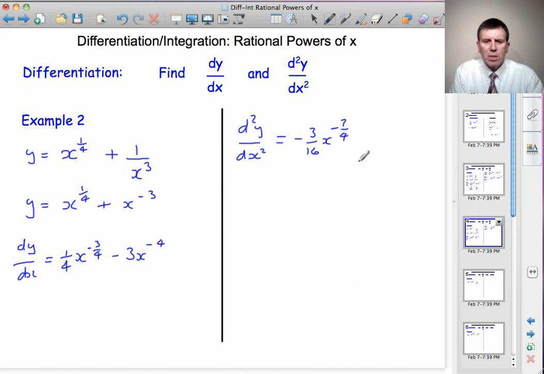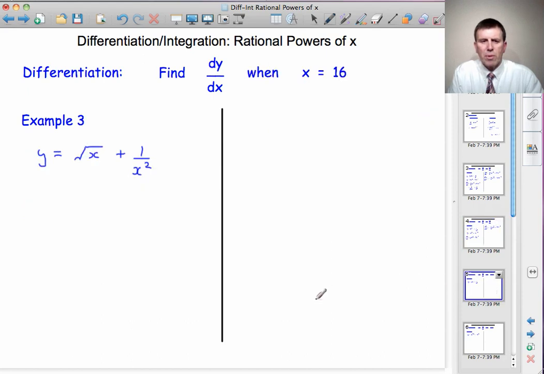And the second term, minus 4 times minus 3 will be plus 12. And 1 less than minus 4 is minus 5. So that's the answer. d2y by dx squared is minus 3/16 x to the minus 7 over 4 plus 12x to the minus 5.